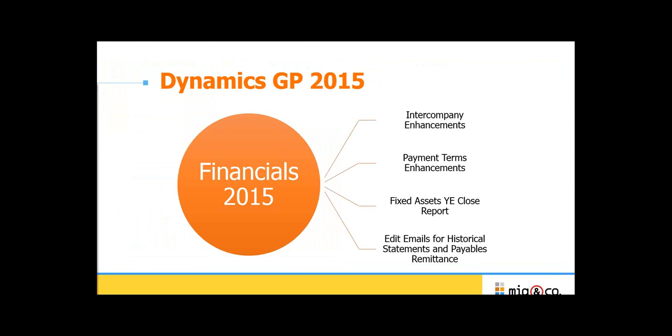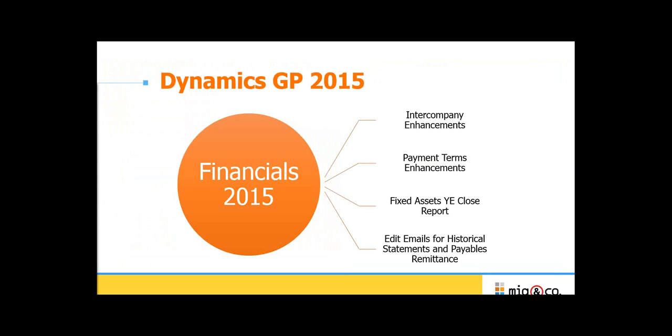So if we take a look at financials, and we'll note that in the financial application, we said that we added intercompany. One of the things that we're going to talk about is the fact that intercompany journal entries, first off, we can view them, and secondly, we can now void them.